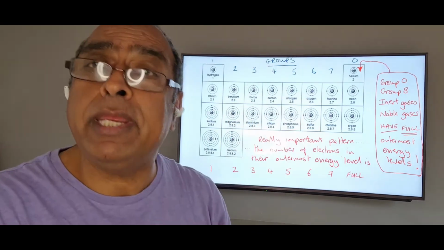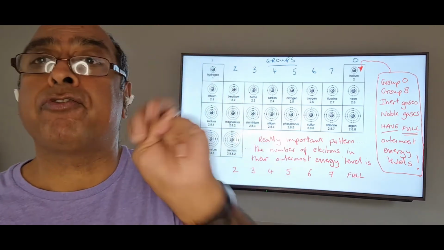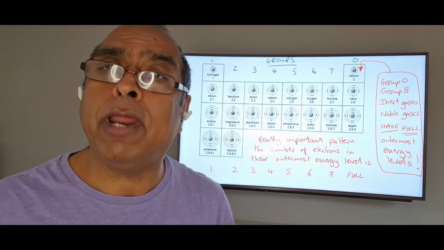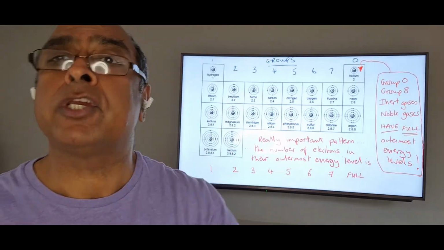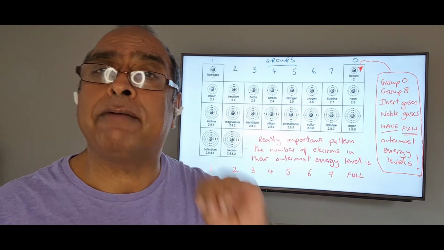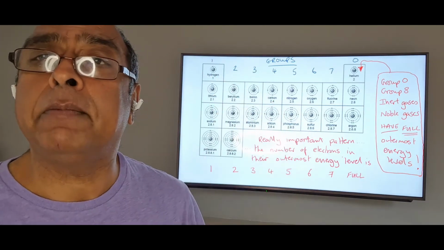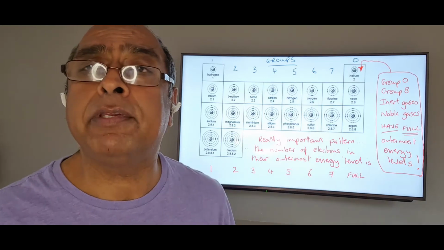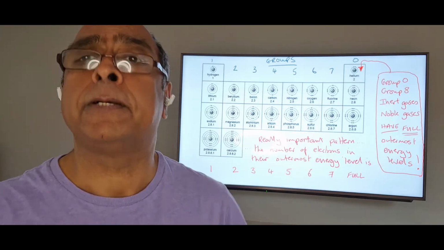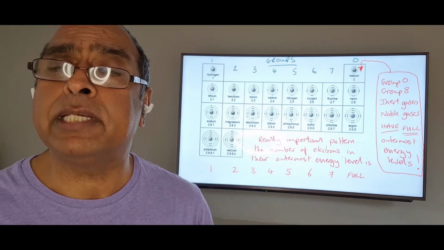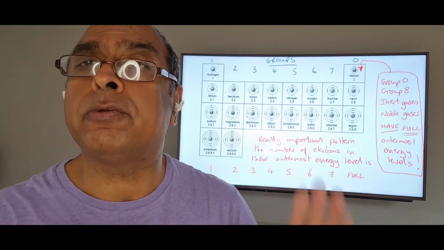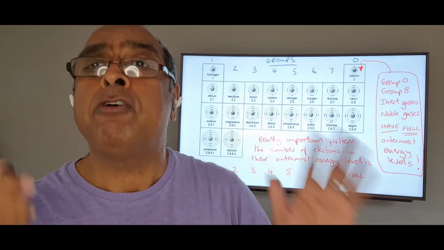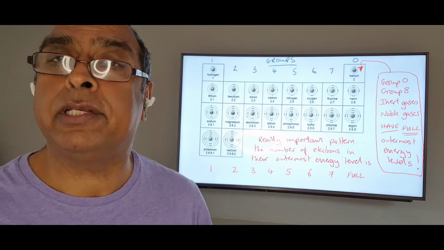And group 3 elements atoms will have 3 electrons. Group 4 element atoms will have 4 electrons. Group 5 element atoms will have 5 electrons. Group 6 element atoms will have 6 electrons in the outermost energy level. And group 7 element atoms will have 7 electrons in the outermost energy level. And finally, group 8 or noble gases, inert gases, they will have full outermost energy levels.